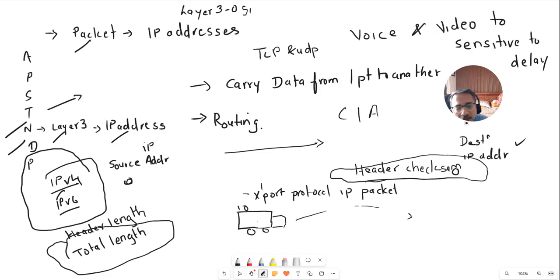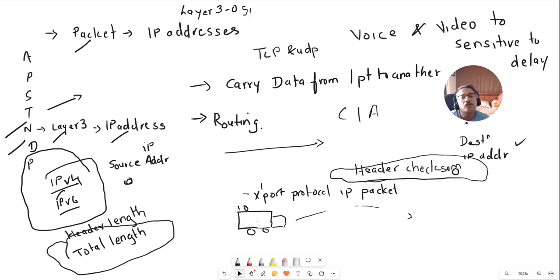Now, as I told you, there are 10 pieces. Now suppose you have a big sofa that you want to carry, and the sofa does not fit into your truck. Directly you cannot put it inside the truck.